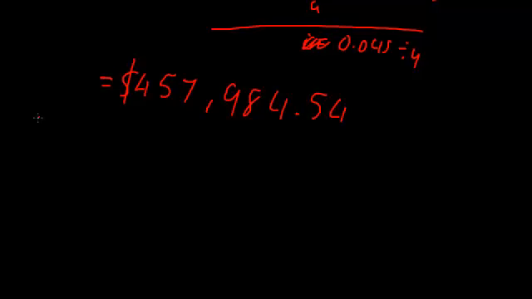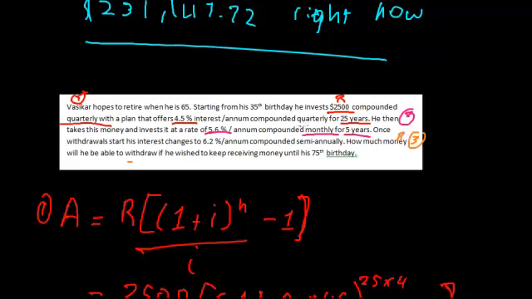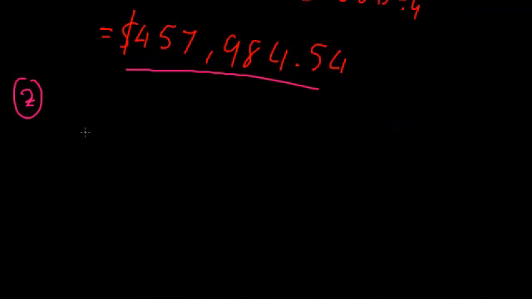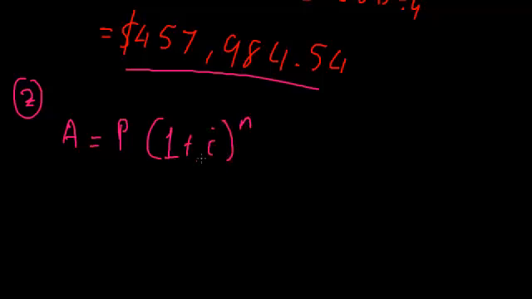So part 2, he invests this money back into the account at 5.6% per annum for 5 years, which is compounded monthly. So we're going to have to use the compound formula, which is A equals P into 1 plus I to the power of n.